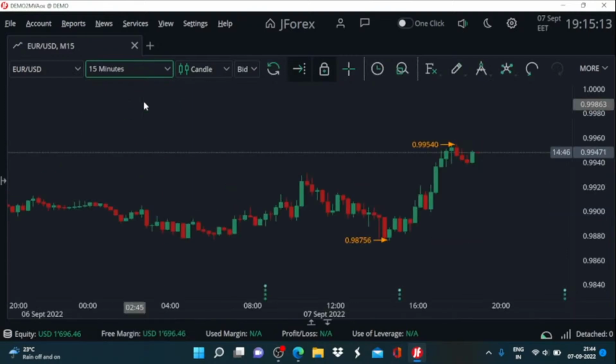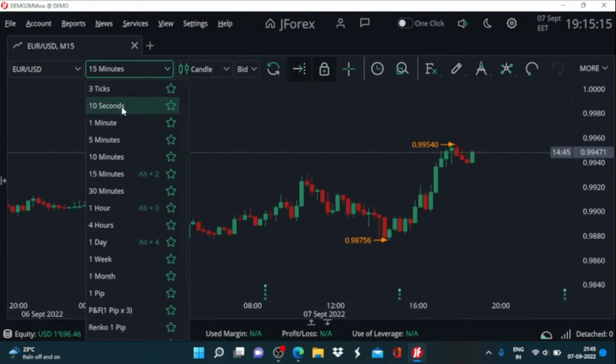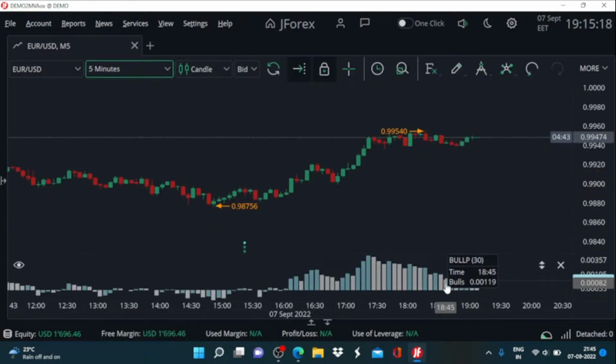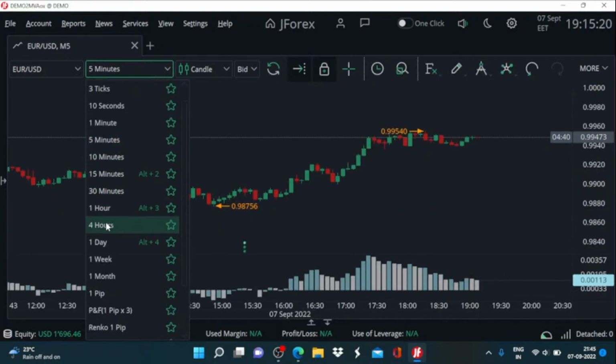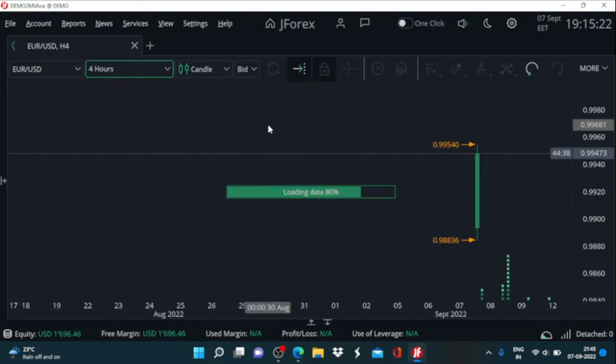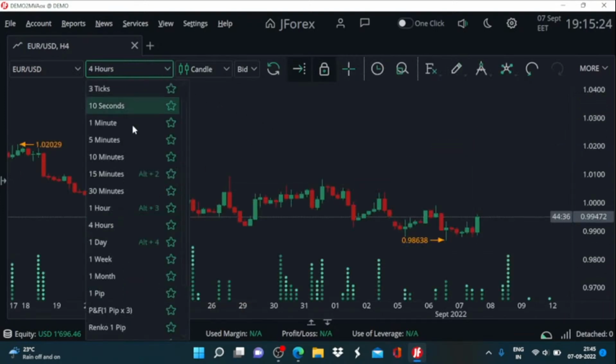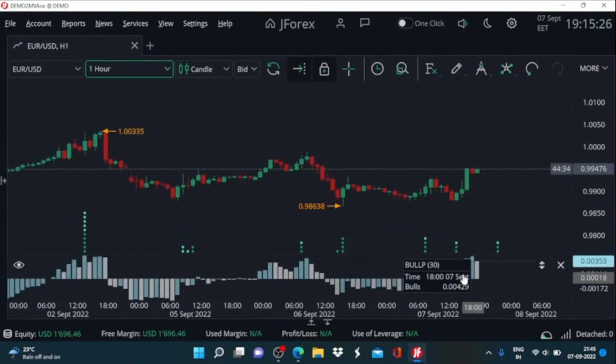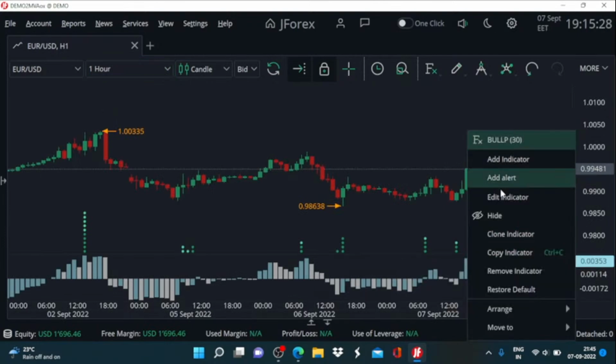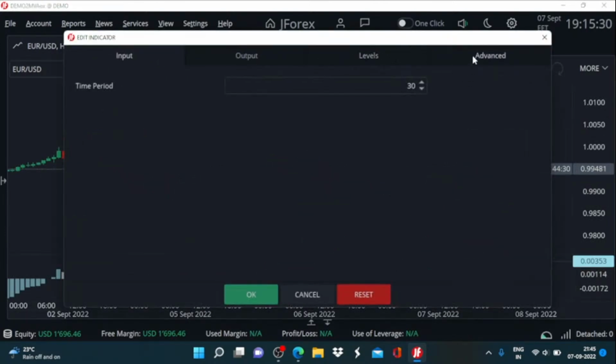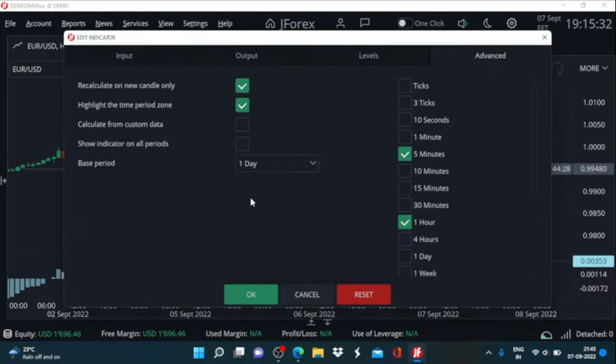But if I change it to 5 minutes, we will have this bull power indicator appear back again. Similarly, nothing on 4 hours, but it will be back on hourly. So that's how this customization option works, so that it becomes easier for you to read the data in different ways on different time frames.